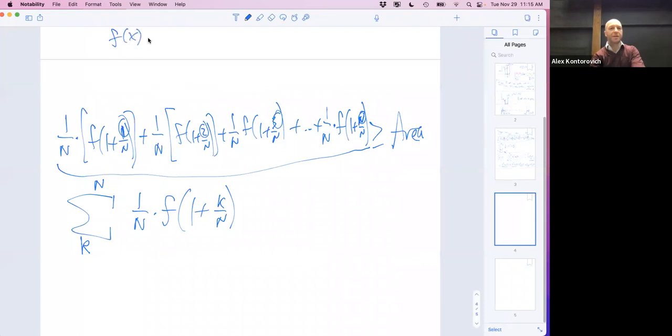F of x was 1 plus x squared. So what is f of this thing? This thing is actually equal to 1 plus the square of what's inside, which is 1 plus 1 over n. You agree that this thing is equal to this? And what is this f of 3 over n?